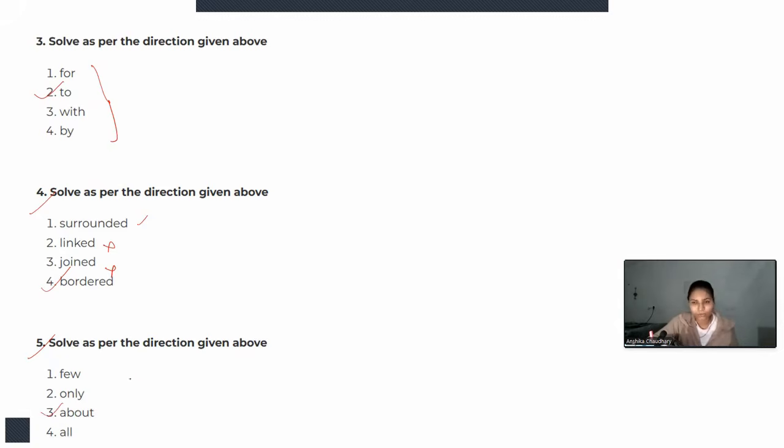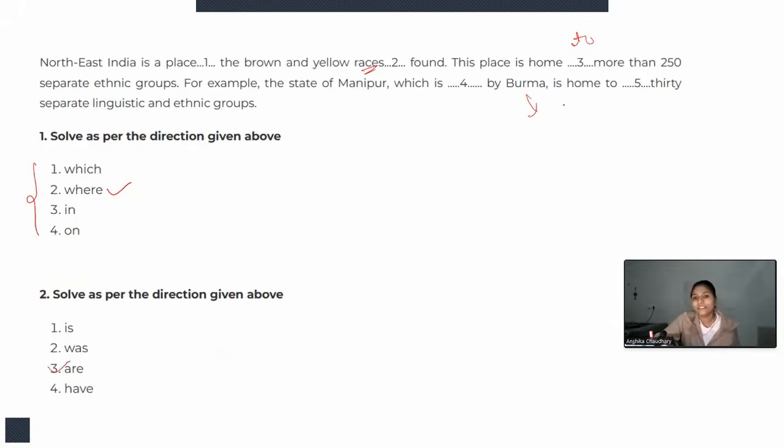"Few" denotes at least some, and "only" means only one, so obviously we are not talking about only one. "All" means the whole. So "about" will be the correct preposition here in this context. I hope this cloze is clear to you. But if not, the problem must be that your parts of speech are not clear, right?